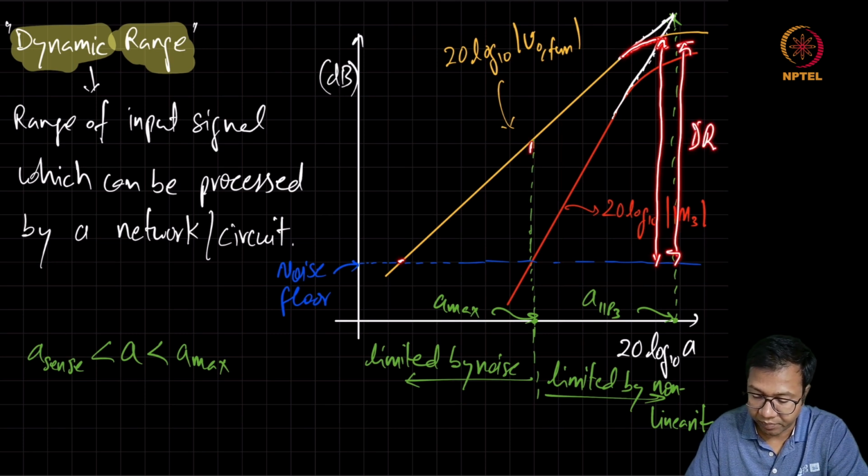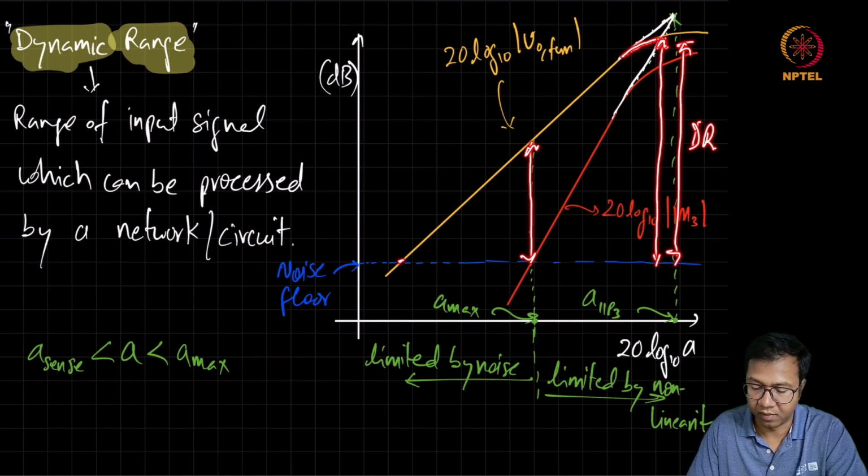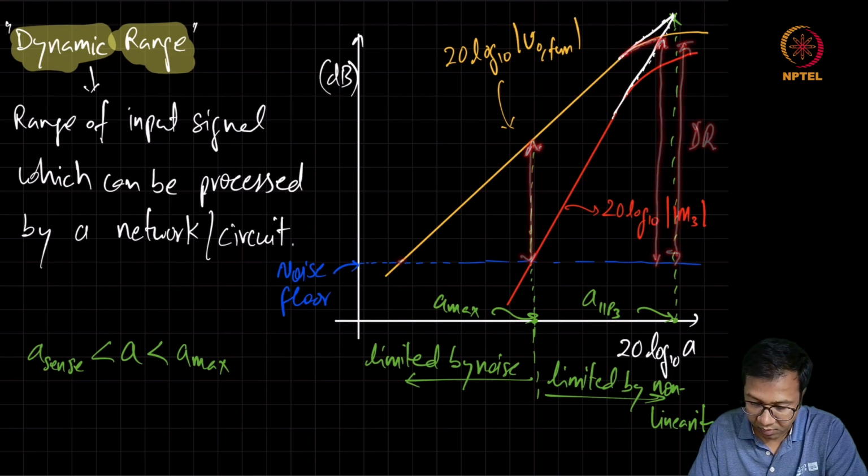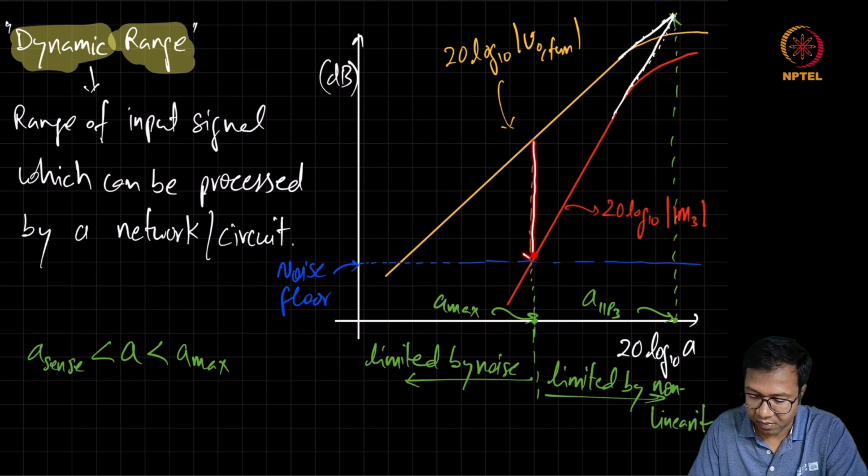But we will see that most of the time we are limited by the nonlinearity whenever we are trying to design circuits for wireless systems. So in such a scenario, this definition of dynamic range is going to be more useful.